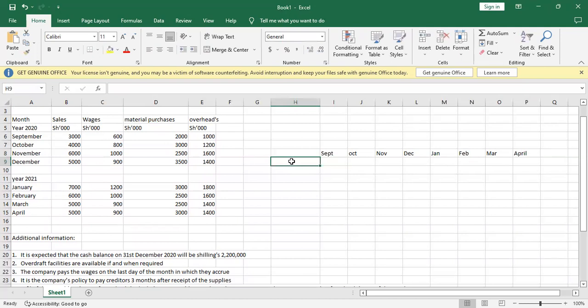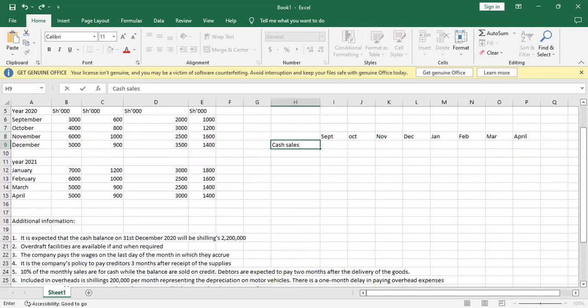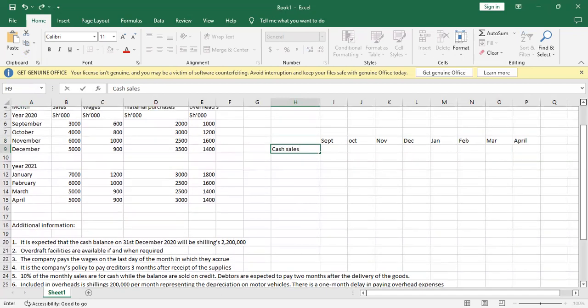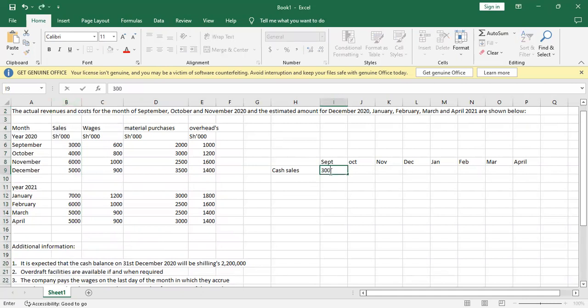For the cash, we can account for all the cash. So I'm talking of the cash sales. That was number 5: 10% of the monthly sales are for cash, while the balance are sold on credit. The sales that we are seeing in this column are for credit, but 10% of it is cash sales. So in September, I have 3,000, so 10% will be 300.